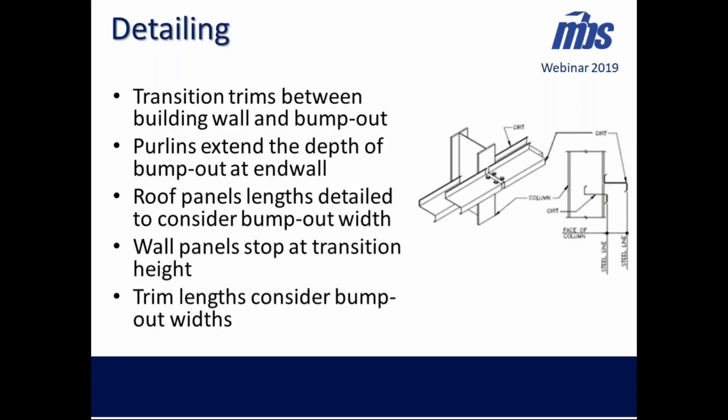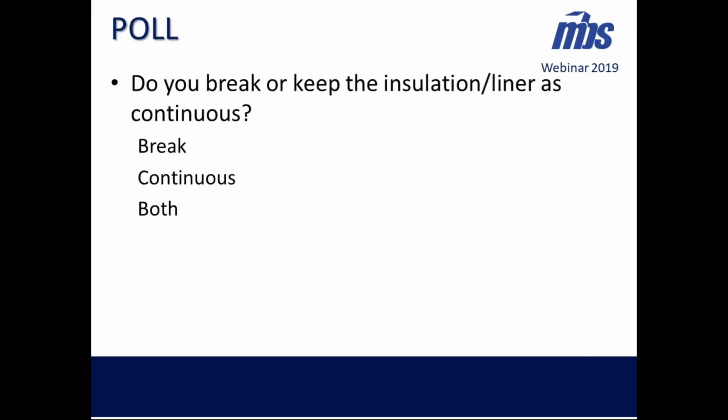Your purlins are going to be extended on the roof due to the adjacent bump out if there's one at the end wall. Your roof panel lengths are also going to be readjusted based on the bump out width. Wall panels will stop at the transition wall height, plus or minus the amount of deduct that you saw earlier in the parameters. And your trim length will also be adjusted based on the markers that we listed.